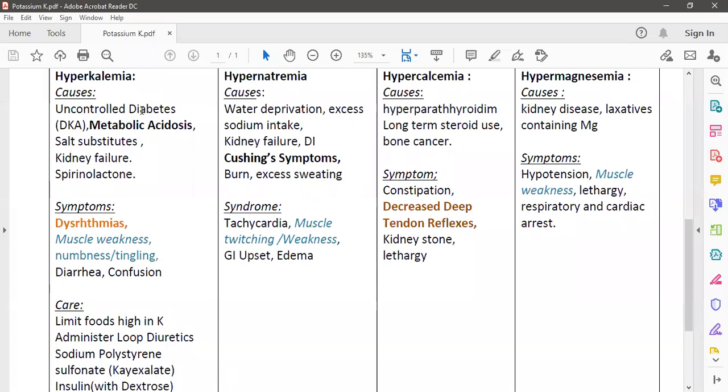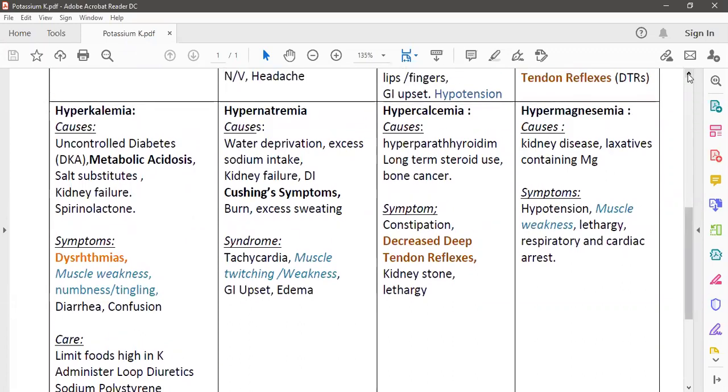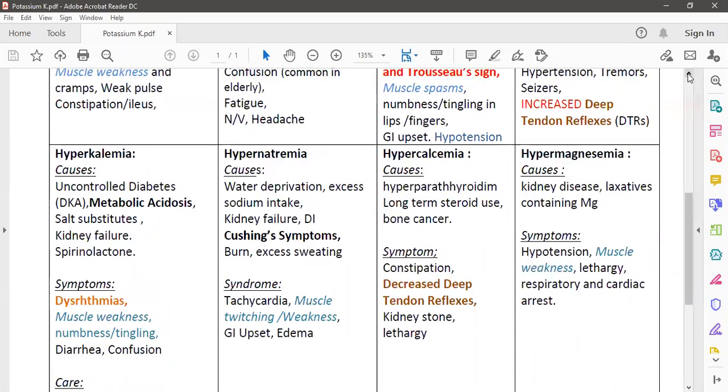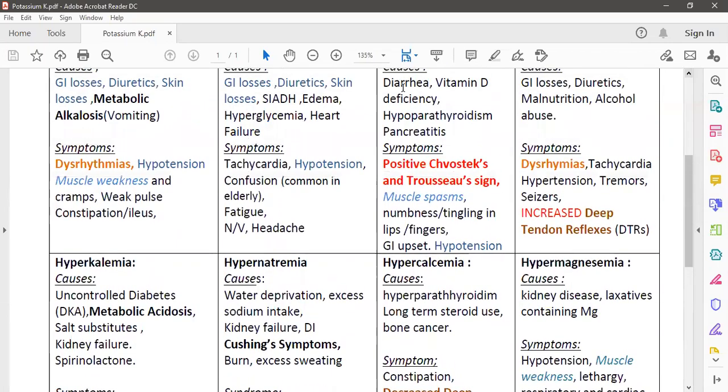So uncontrolled diabetes means DKA, diabetic ketoacidosis, or metabolic acidosis. Here it is metabolic acidosis, right?